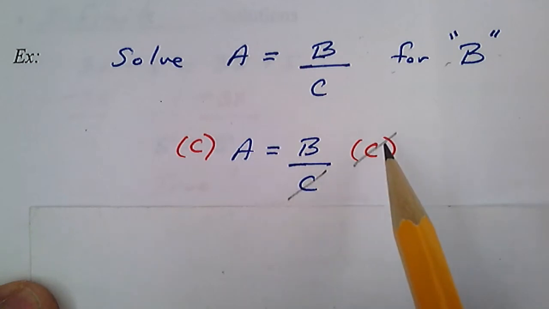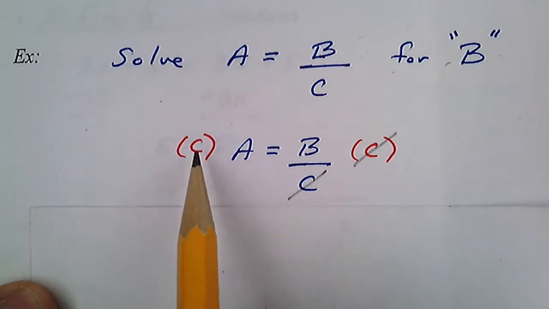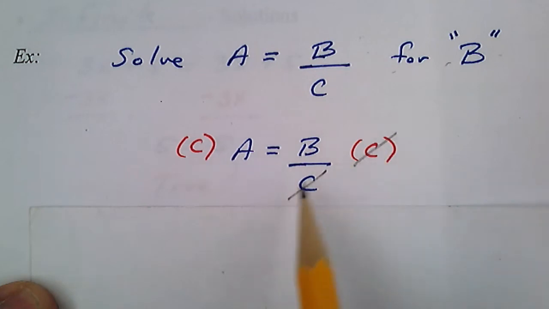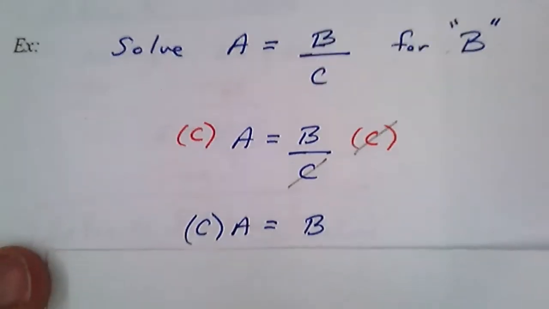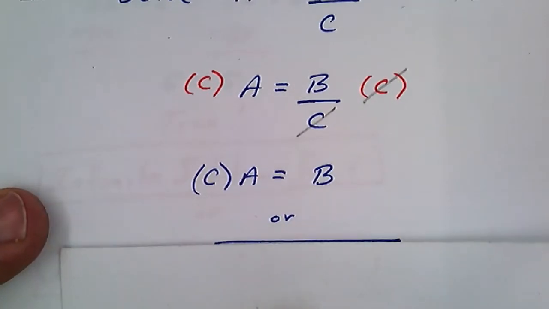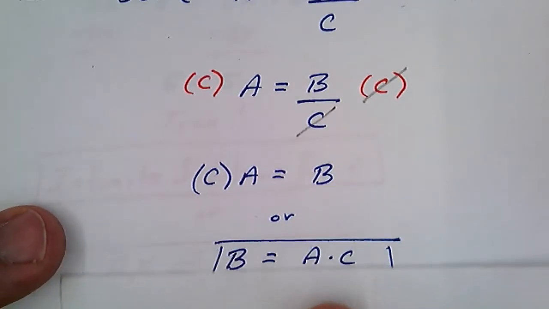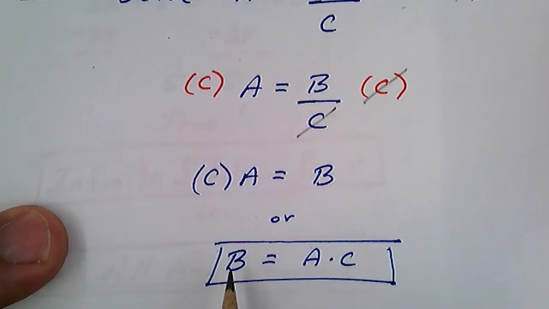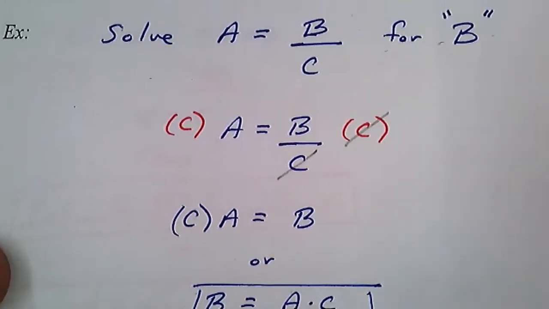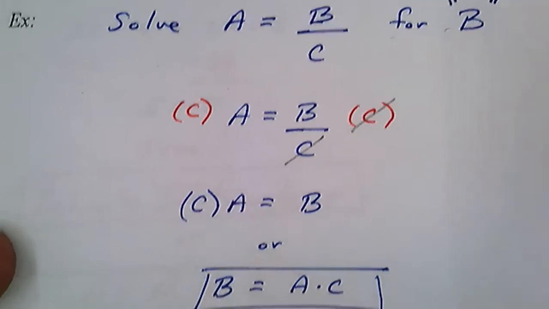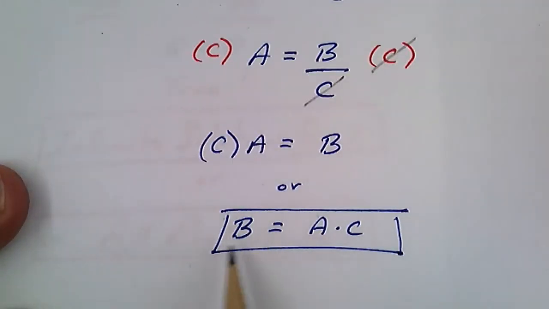And then over here, I have C times A. C times A is equal to B. And then I could flip it around and have B equal to A times C. So the question said to solve for B, make B the star of the show, and I just did that right there. Now he's by himself. It's that simple.